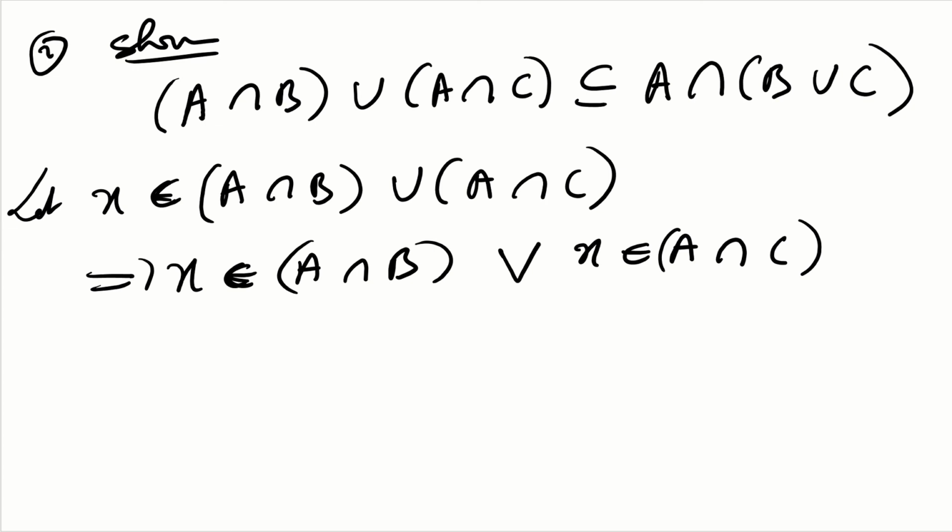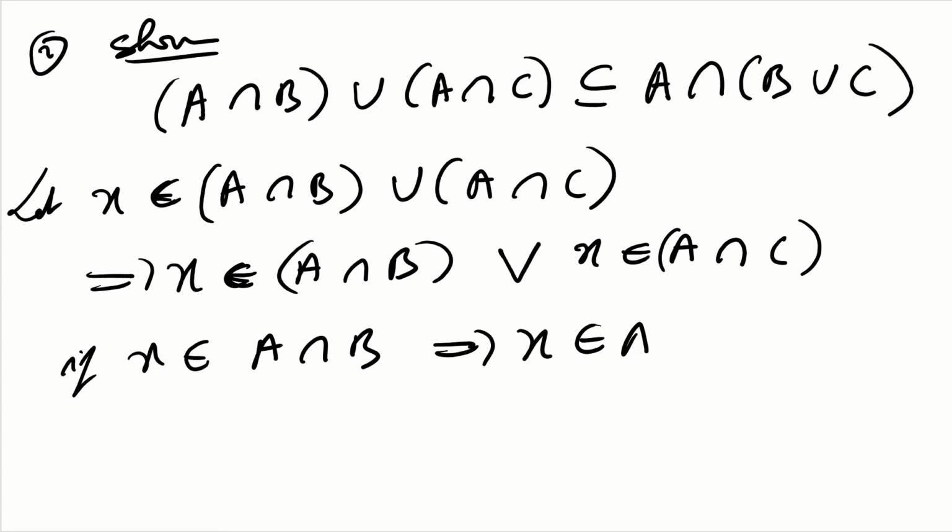And from here we have, if x in A intersection B, because we have the union, this implies x in A and x in B, right? So we have x in A and x in B.